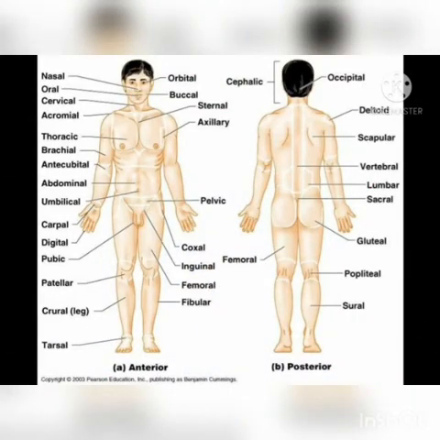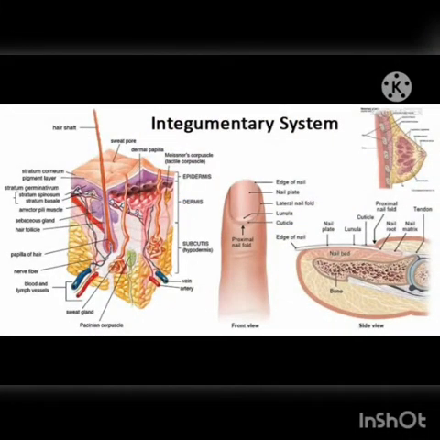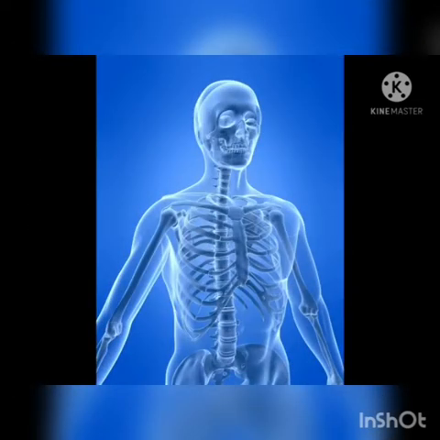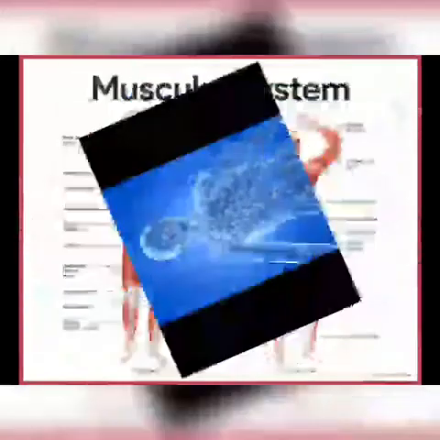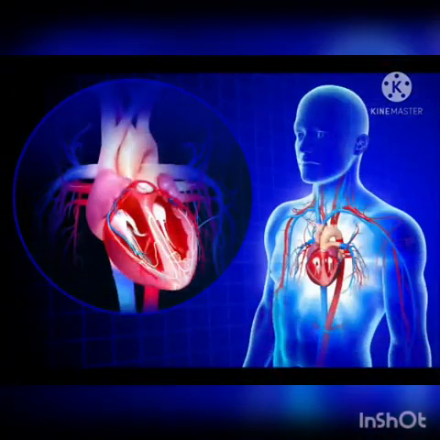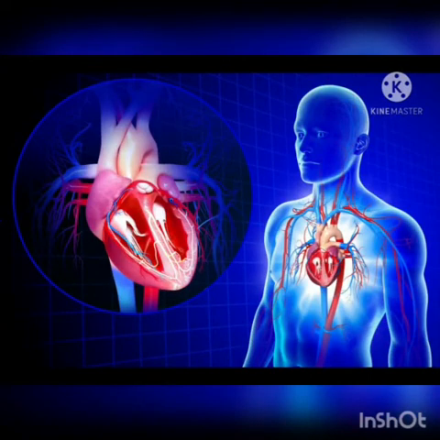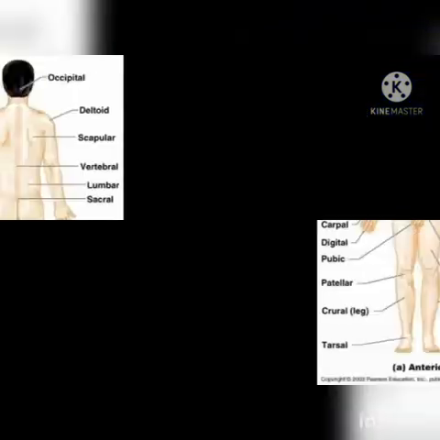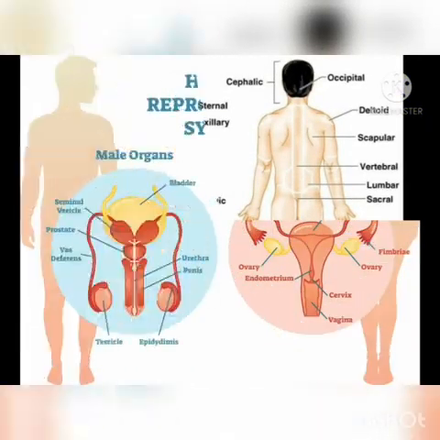You approach various systems: the integumentary system, which is mainly the skin and its appendages; then the skeletal system, which deals with bones; the muscular system, nervous system, endocrine system, cardiovascular system, respiratory system, and reproductive system.